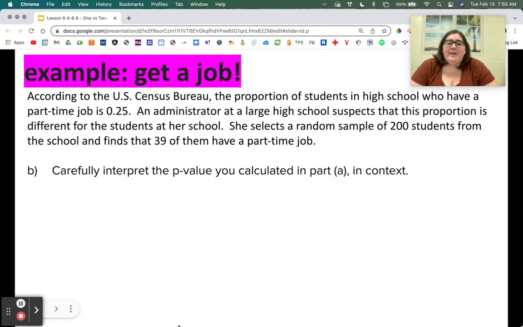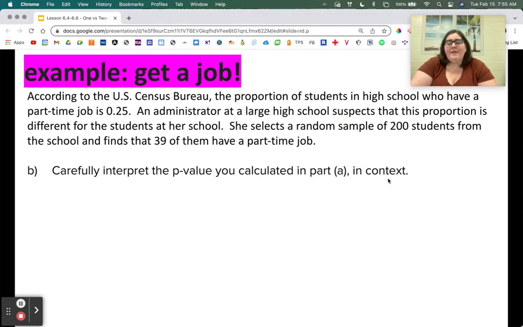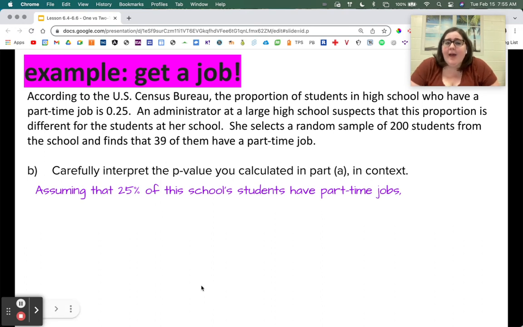When we interpret our p-value, it's the same idea. We're basically interpreting what's being shaded. Finding that area was under the assumption that we built a sampling distribution and found a probability based on the null hypothesis being true. So I always start with that, assuming that 25% of the school students have part-time jobs, just like it is for the US.